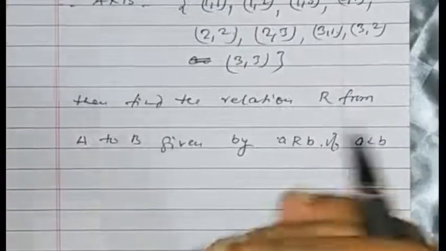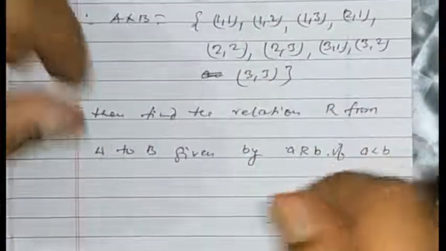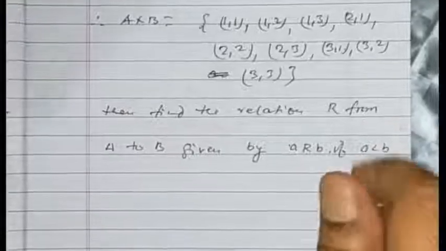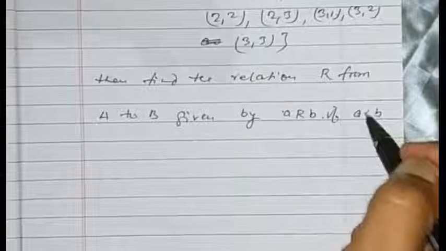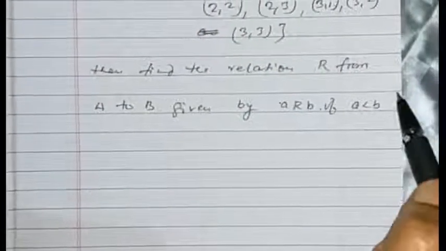This is the relation. On this ground we have to establish the relation on these conditions. A less than B, where a means an element of set A and b means an element of set B.